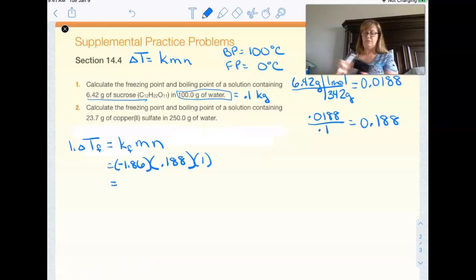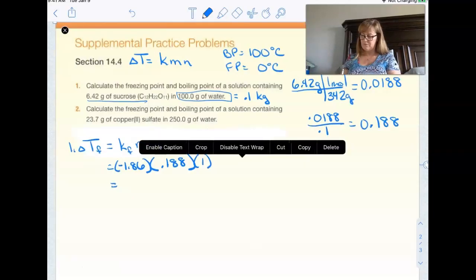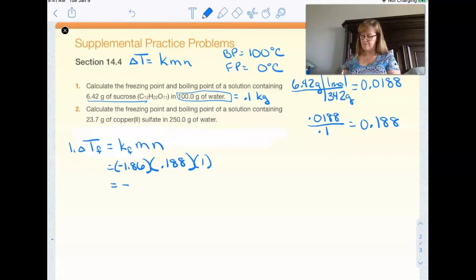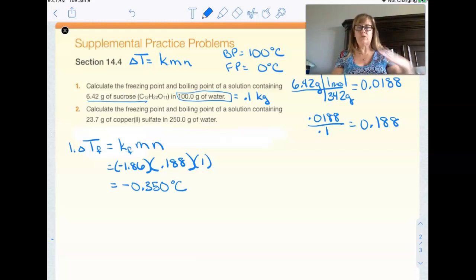Calculate this out, and you get that our change in freezing point is going to be a negative 0.350 degrees Celsius. What that means is, remember, freezing point is always lowered when you add a solute in. That's why the negative number.